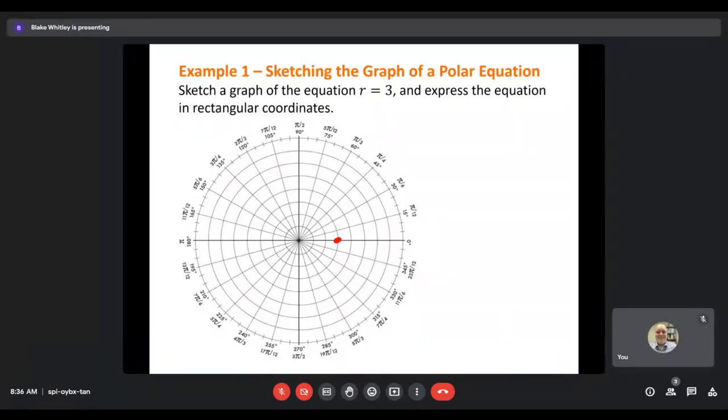Like I said, because there is no theta, theta could be anything. And so therefore, I'm going to have a point at every theta value along that r value.